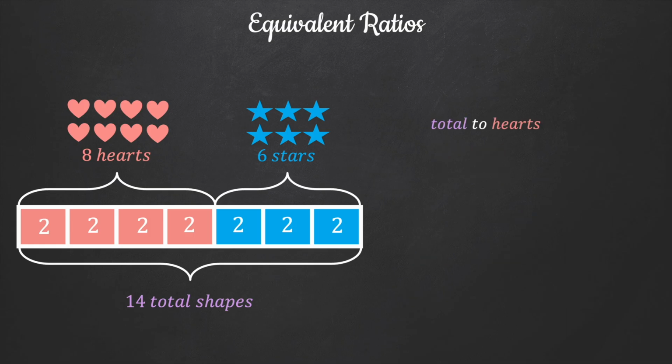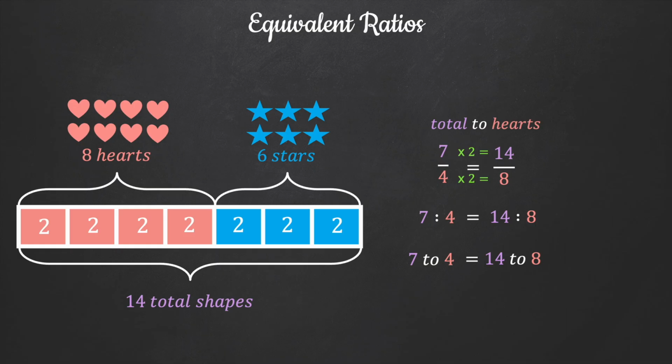Our original ratio of total to hearts was 7/4, but because we doubled it, it is now 14/8. And again, we could rewrite our new ratios using a colon and the word "to" and represent that they are equivalent to our original ratio.